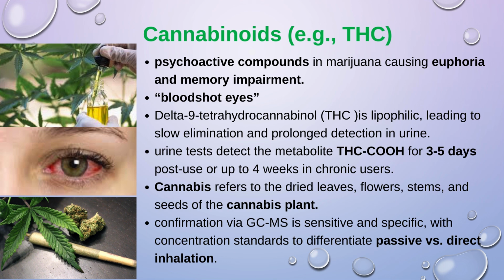And guys, urine tests detect the metabolite THCCOH for 3 to 5 days post-use, or up to 4 weeks in chronic users. Cannabis refers to the dried leaves, flowers, stems, and seeds of the cannabis plant. Confirmation via GC-MS is sensitive and specific, with concentration standards to differentiate passive versus direct inhalation.